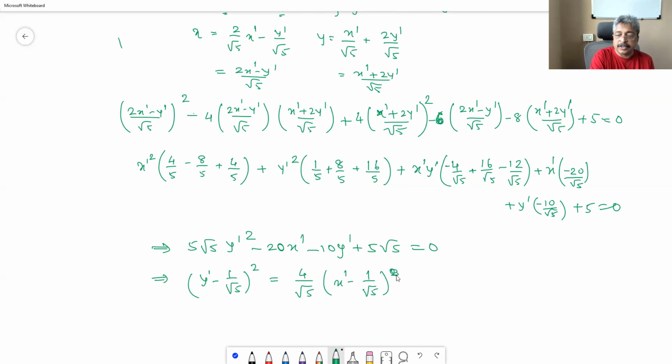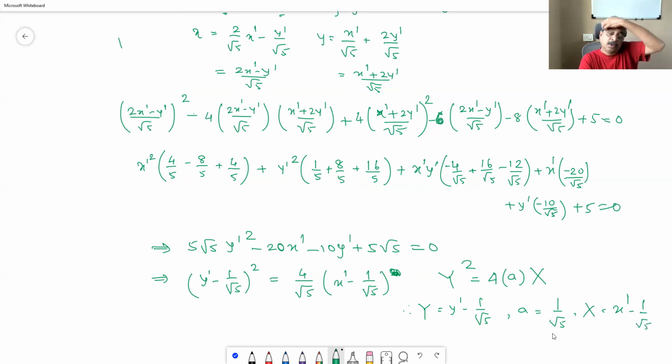Is this correct now? So this is capital Y square is equal to 4a capital X. Therefore, capital Y is equal to y dash minus 1 upon root 5. A is equal to 1 upon root 5. And capital X is equal to x dash minus 1 upon root 5. Okay, this is after rotation.